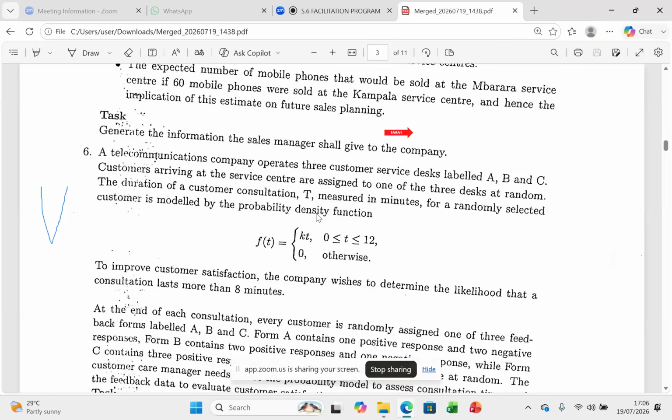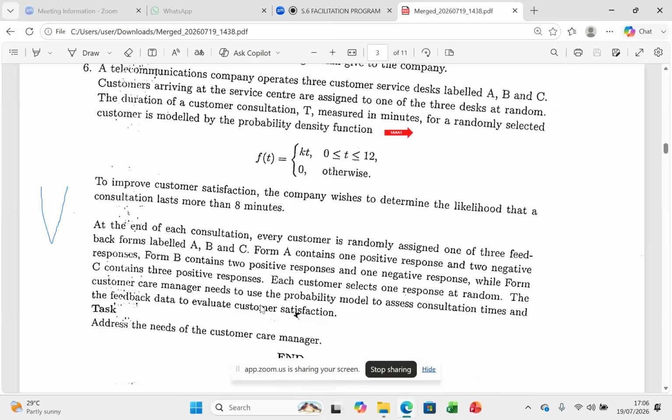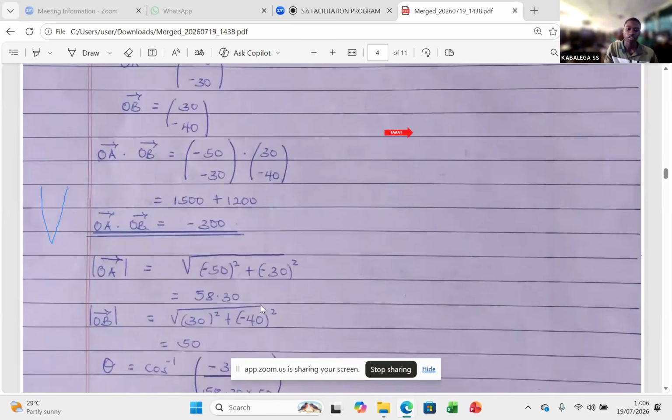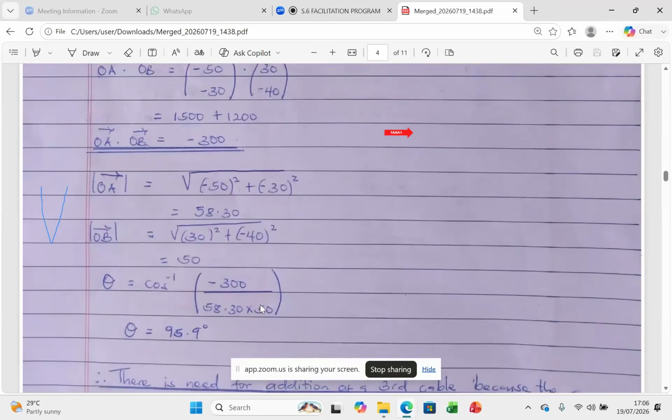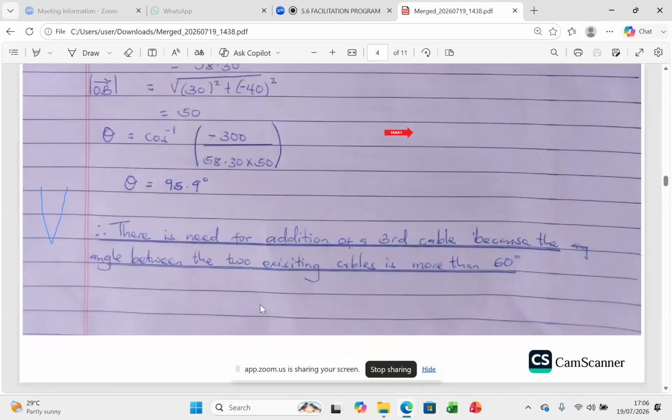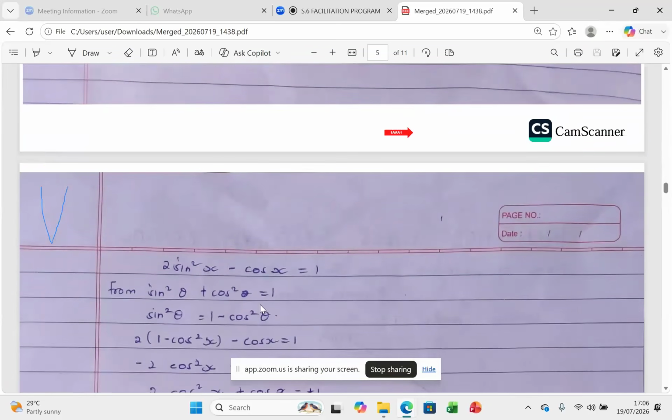To improve customer satisfaction, the company wishes to determine the likelihood that a customer consultation lasts more than 8 minutes. So the likelihood of a customer to consult more than 8 minutes is what brings about the probability.